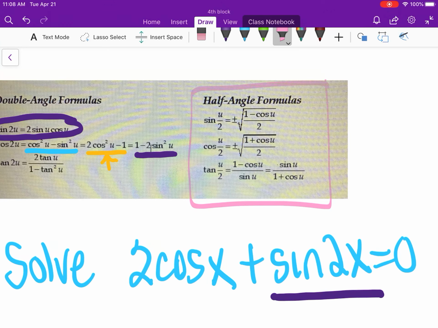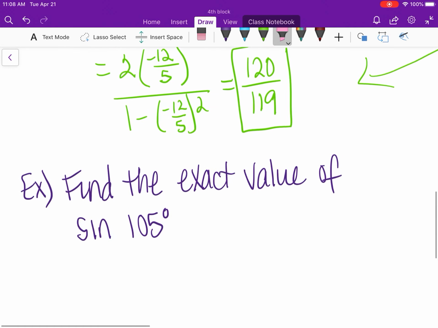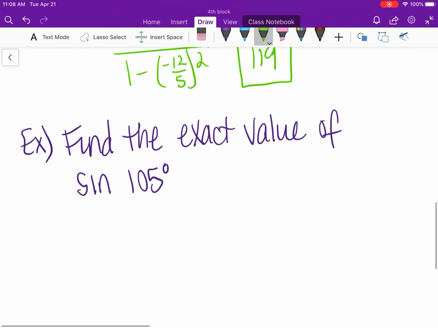And so basically when we're finding the sine of 105, we're going to use this formula here, but I need to know that the sine of 105 is half of what angle? Okay, and that is going to be my u value. So when I write this out, I'm going to say that this is equal to the sine of 210 over 2, because 210 divided by 2 would give me my 105.